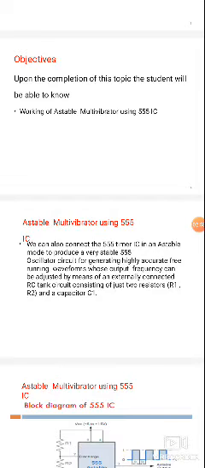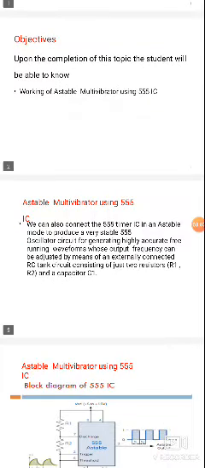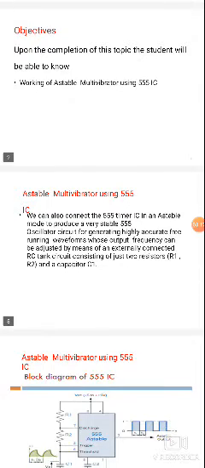We also discussed the 555 IC applications in the previous class. The 555 IC is used as a timer, and it also supports multivibrators: astable, monostable, and bistable multivibrators. It also works as a Schmitt trigger and function generator.